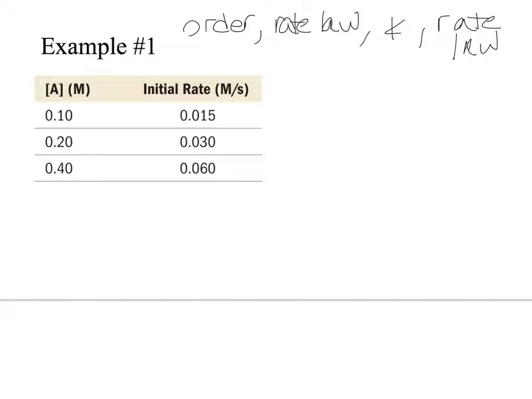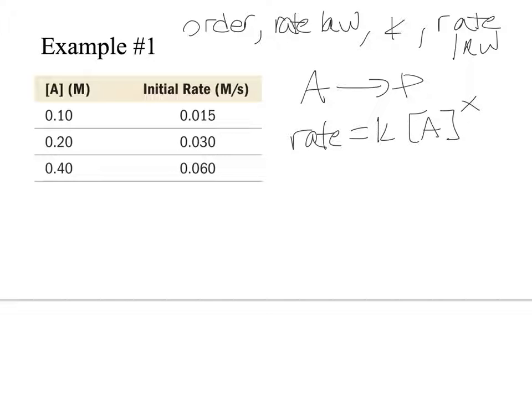All right, and so this is reactant A going to P, and I know the rate law is going to be rate is equal to K times the concentration of A to some order. Right, so it doesn't matter in this case because I have one reactant. I could compare either trial 2 and trial 1 or trial 3 and trial 2.